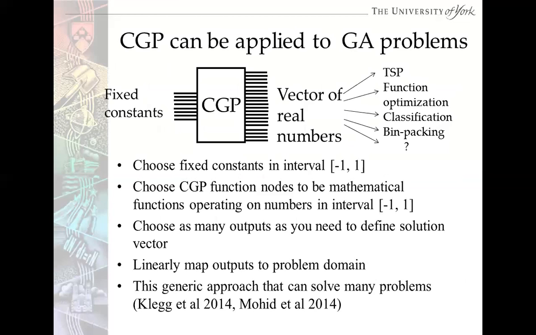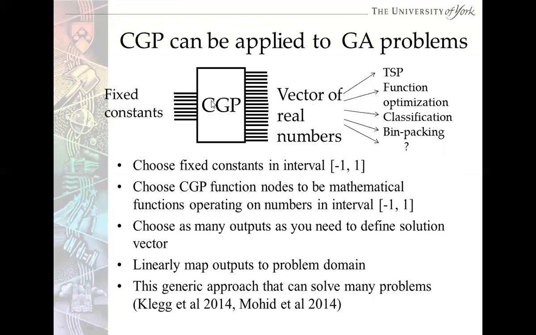One thing I'd like to point out: GP is usually applied to a certain domain of problems, and that's distinct from the types of problems that GAs can be applied to. GAs often manipulate vectors of real numbers. Through the fact that you can have multiple outputs in CGP, you could use CGP to find solutions to standard GA problems.